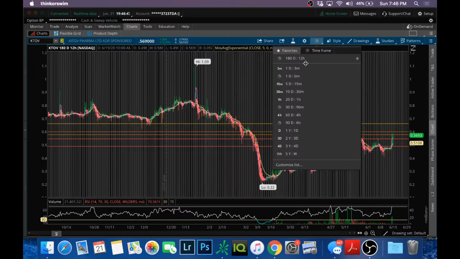Yeah, so basically with KTOV, since you saw this run on Friday, a couple things are gonna happen in pre-market tomorrow. It's either gonna break out of the resistance that it met as of Friday and run to its next resistance level in the pre-market, or it's going to cool off at that resistance level, and you're going to see a dip towards support.